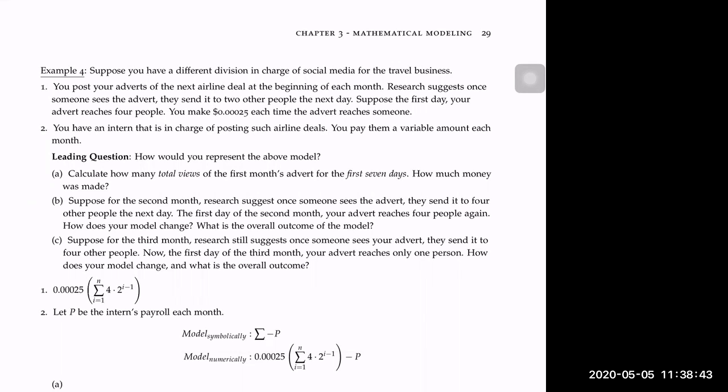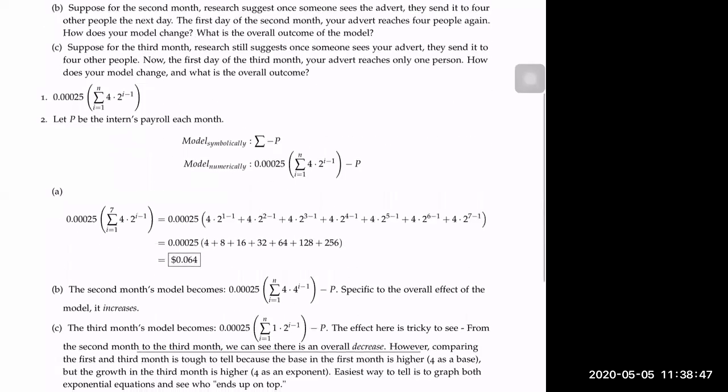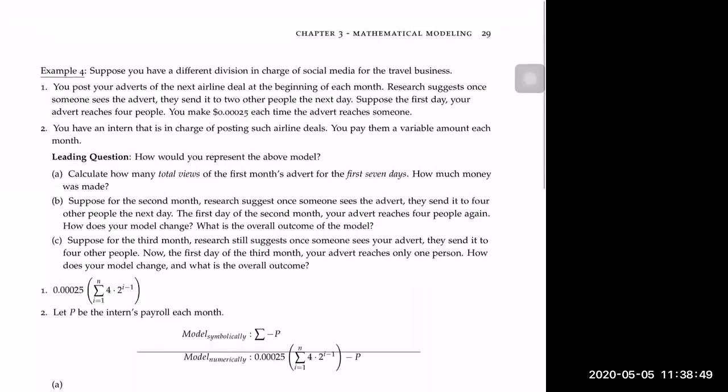Since this is an in-text example, all the answers are written out already. What I'll probably end up editing later is more dialogue in between these, but that's fine. We'll figure it out. By we, I mean I. Again, page 29, example 4 in the textbook, and then we'll just go over this.